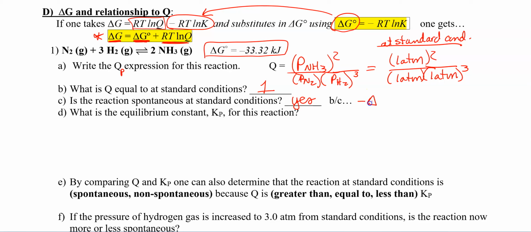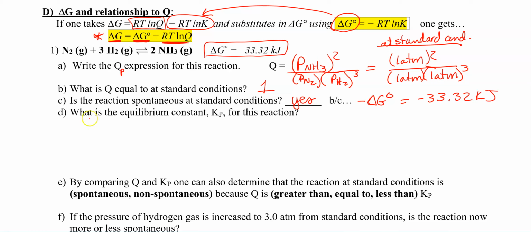And remember, this is the delta G at standard conditions is negative. So yes, it is spontaneous at standard conditions. Because it's the same as the delta G in this case, right? Because we're at standard conditions, that's the delta G. It's going to tell you that you are spontaneous because you are negative 33.32 kilojoules.